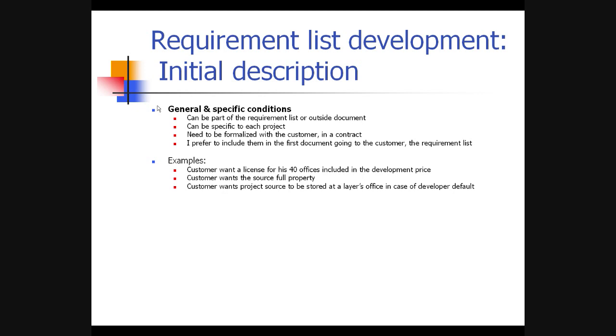You will have to define who is paying for the lawyer's work, because this guy doesn't work for free, believe me. And of course that's the second best thing, when the customer says, okay, I don't want the source full property anymore because it's too expensive, but I want a security that if you die, something will be possible for me to go forward.